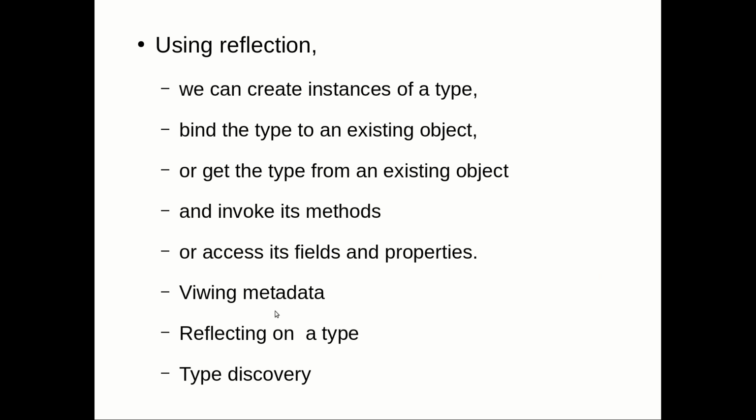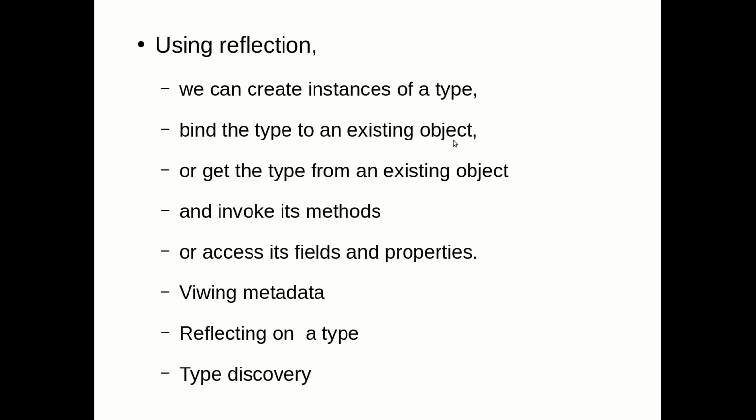Now these are the advantages of using reflection. You can create instances of your data type. So you can access the data type information, then you can go for creating an instance of that particular data type. And you can bind the data type to an existing object.